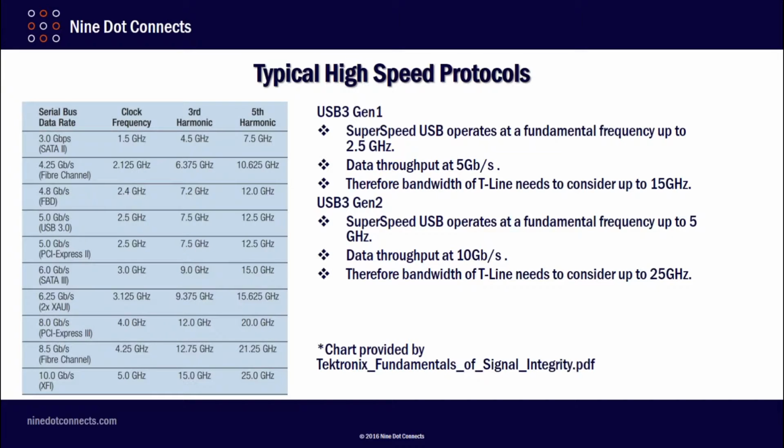But I want you to take a look at SATA 2, the 3 gigabit per second signal. Its fundamental clock frequency is only 1.5 gig. It's high, but not so bad in and of itself. But notice the third harmonic gets to 4.5, and now the fifth harmonic is 7.5. 7.5 is really getting up there.